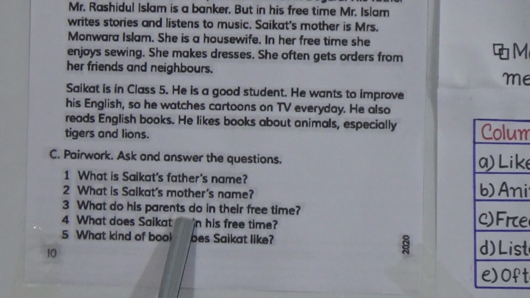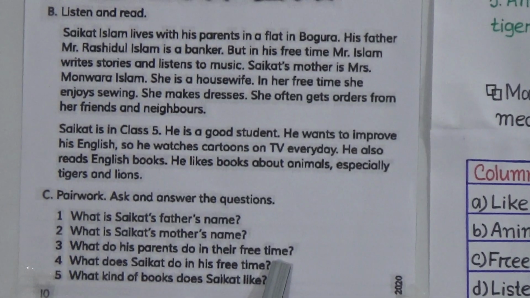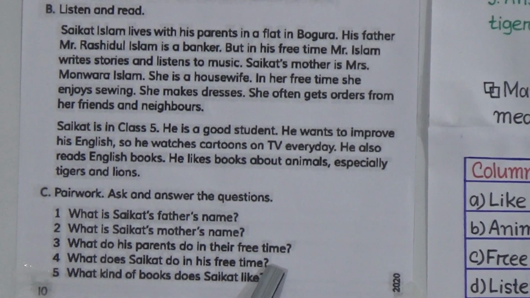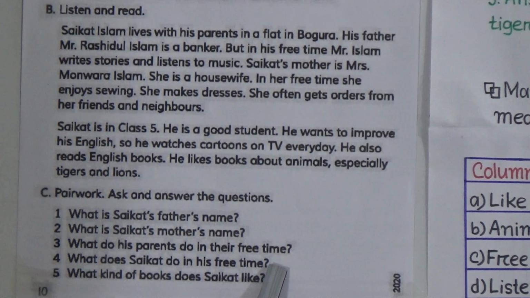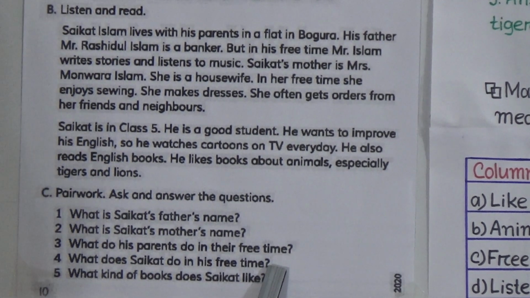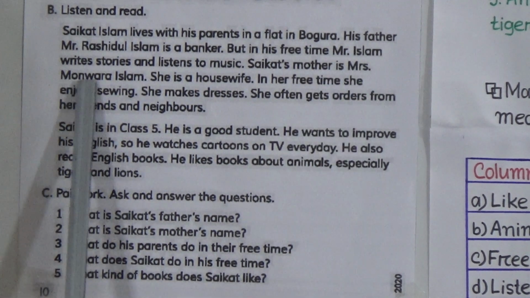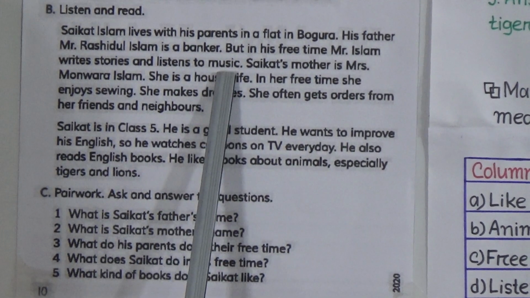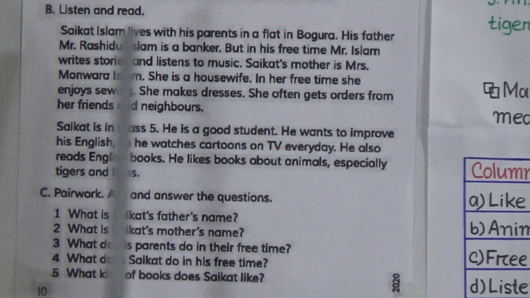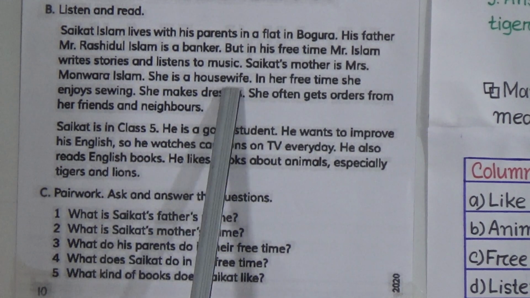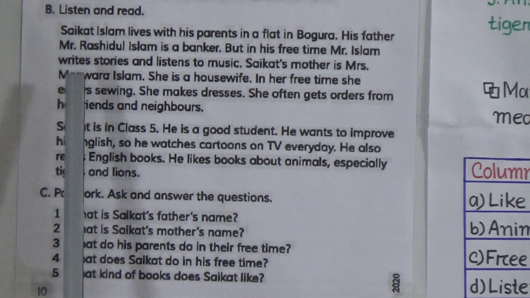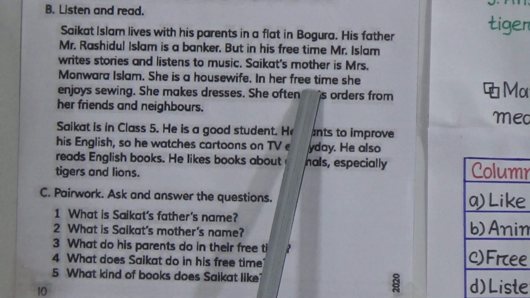Now question number 3. What do his parents do in their free time? So you know what his parents do in their free time. Here we get the answer. Mr. Islam writes stories and listens to music, and Shikha's mother, Mrs. Monora Islam, who is a housewife, enjoys sewing in her free time.